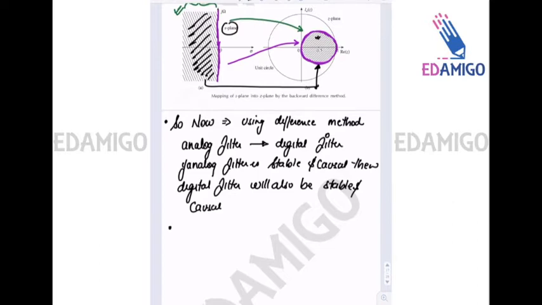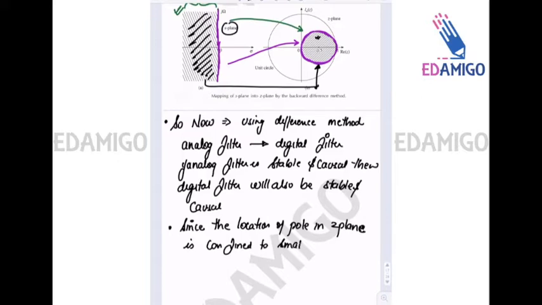Next important point, since the location of pole in the Z plane is confined to smaller frequencies only, because the pole can be inside this circle only, the circle which has the boundary in purple.